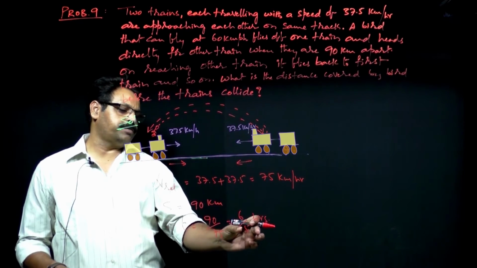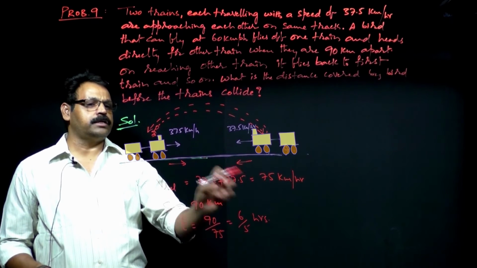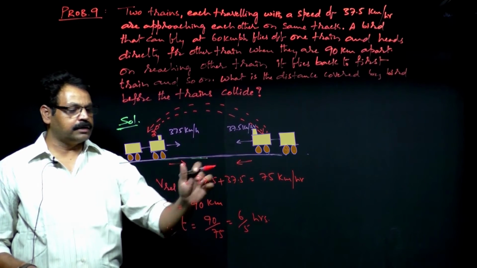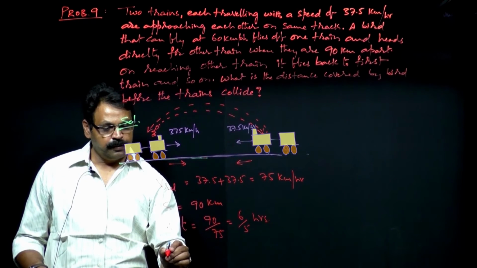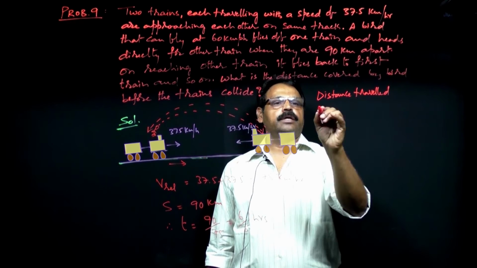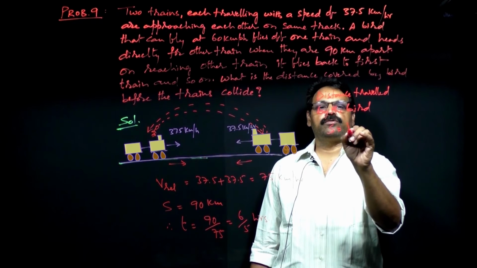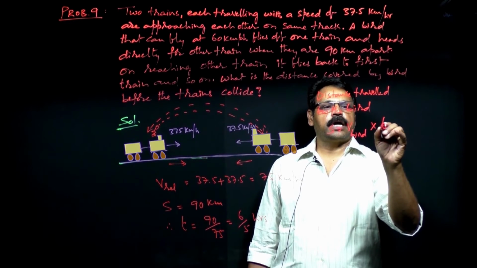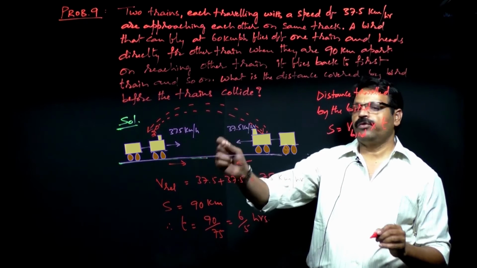So during this 6 by 5 hours, the bird is moving to and fro from one train to the other train. Therefore, the distance traveled by the bird, S, is equal to the velocity of the bird multiplied by the time taken before collision.